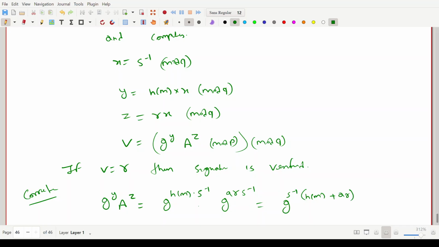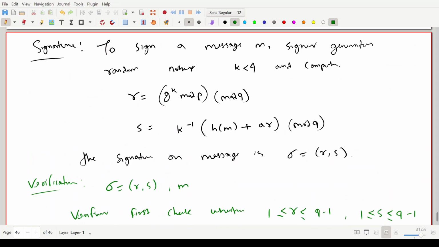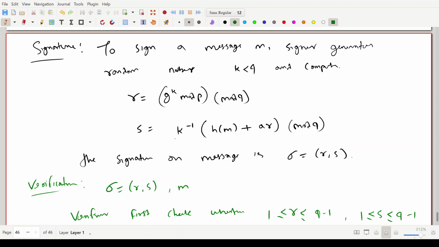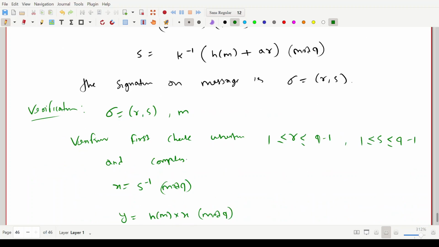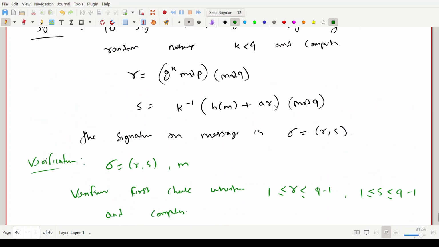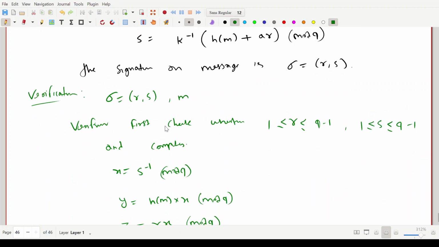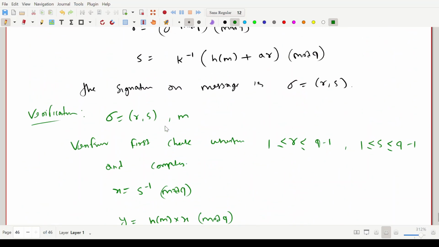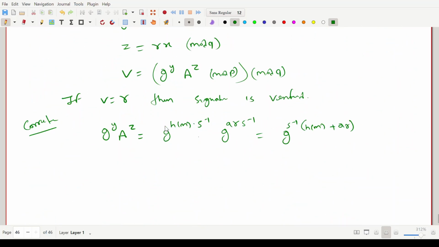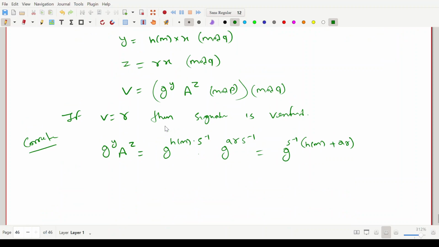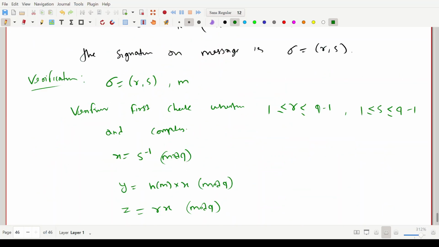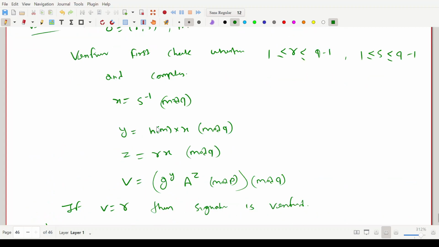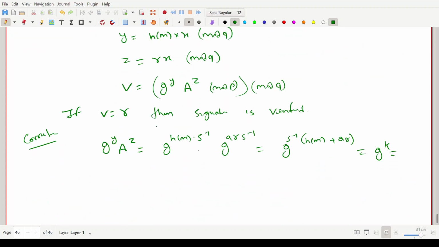But we know that k inverse times (hm plus ar) is equal to s, so hm plus ar equals sk. Multiplied by s inverse, I will have g raised to k. And what is g raised to k? It is r. Hence the correctness is true.